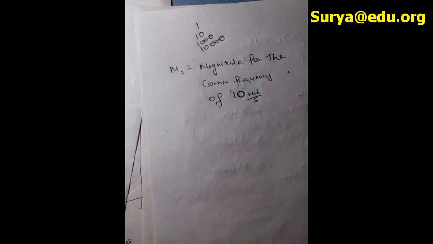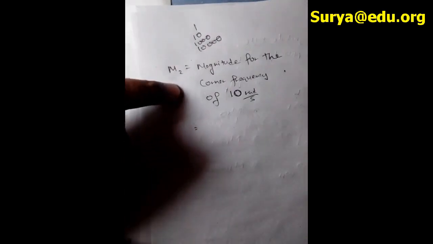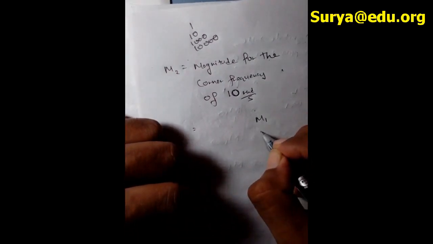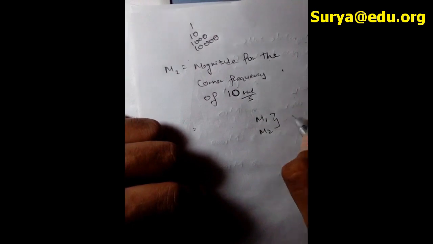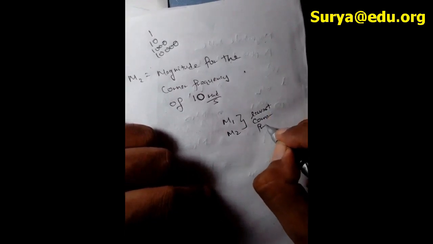Now, what is the formula? Guys, keep in mind, for M2 we also have the same formula, because both M1 and M2 are related to the lowest corner frequency.